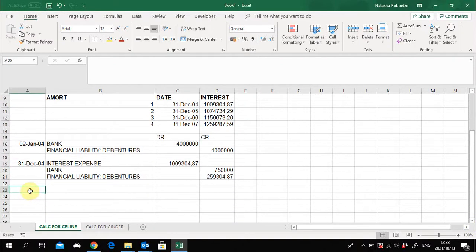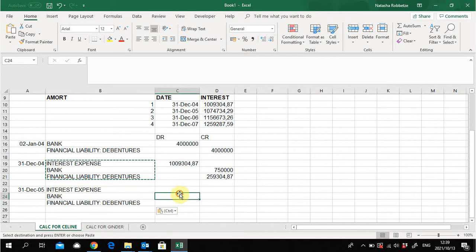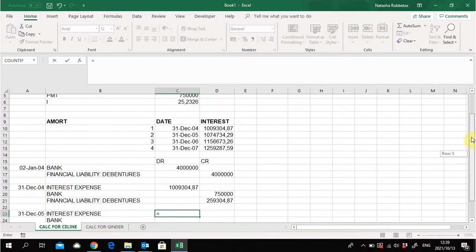Right, the next entry will be 31st December 2005. And I'm just going to copy these accounts because it's always the same. The amounts differ according to the year, but that is all. So for the interest expense, it's going to be the second amount.